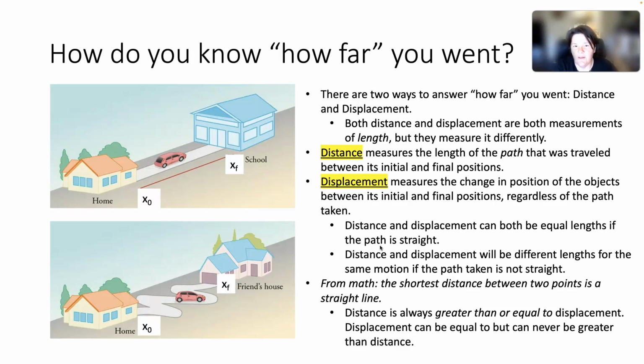Displacement is another way to answer how far something is. So if you know the initial position and the final position, the displacement is the distance between those two things, regardless of the path that was traveled between them. So in math, you know that the shortest distance between any 2 points is a straight line.